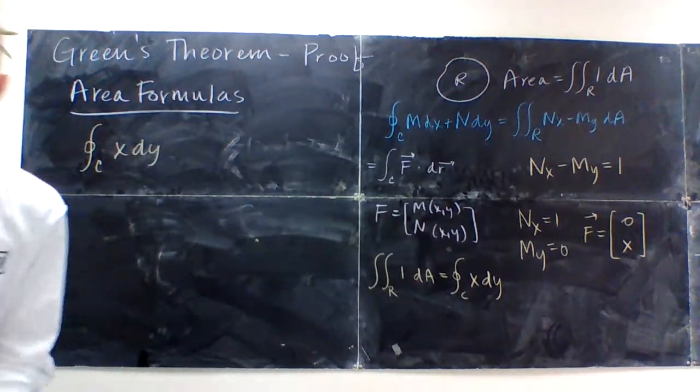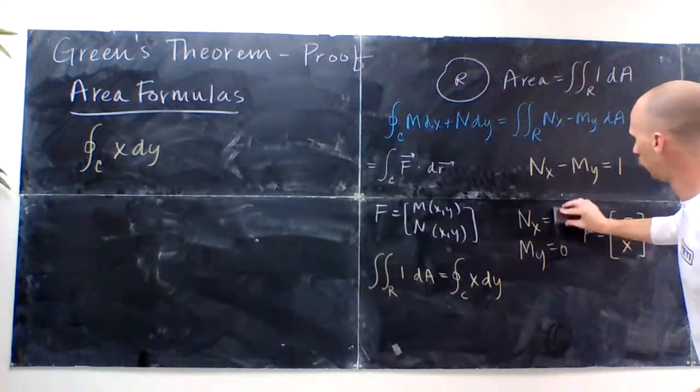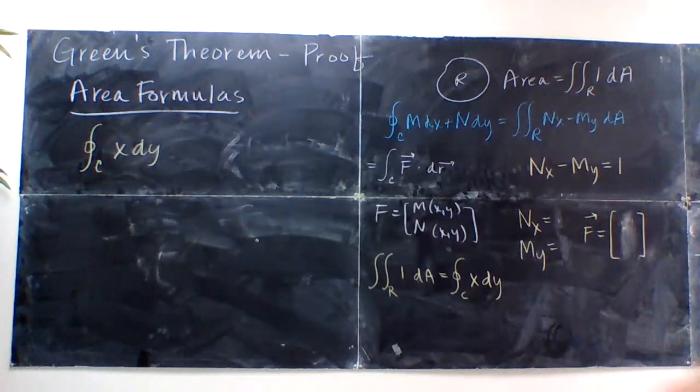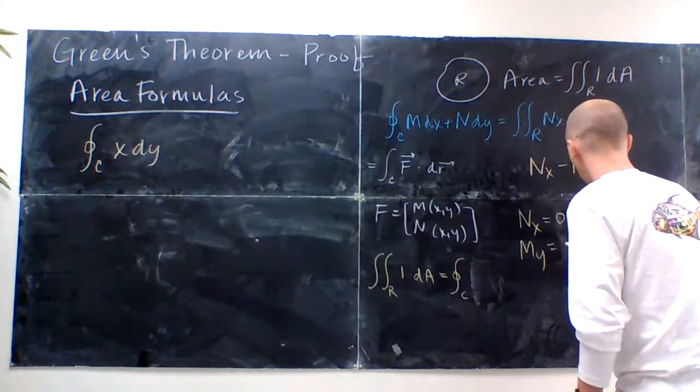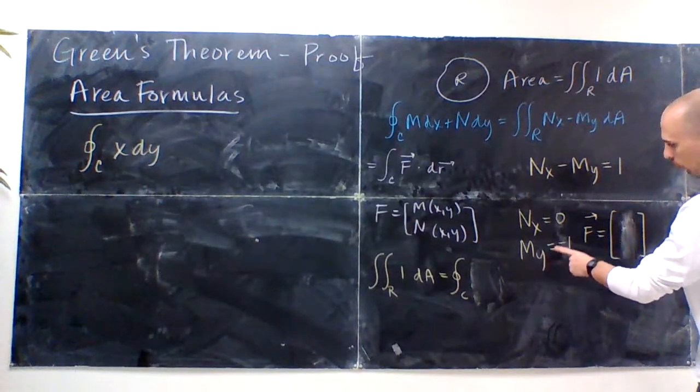Alternatively, I could also look at n_x equals 0 and m_y is equal to negative 1. So we've got 0 and negative 1. That would mean that when I take the derivative of the top one with respect to y, I need to get negative 1.